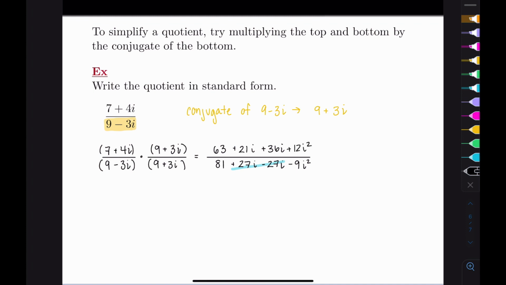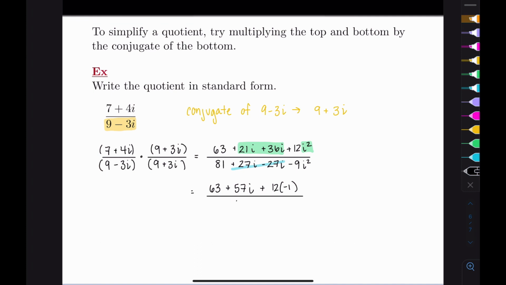Okay. Now it's a matter of cleaning stuff up. So on the top, we can go ahead and do 21i plus 36i. So that leaves us with 63 plus 57i. And also, remember i squared we can replace by negative 1. So this is 12 times negative 1.